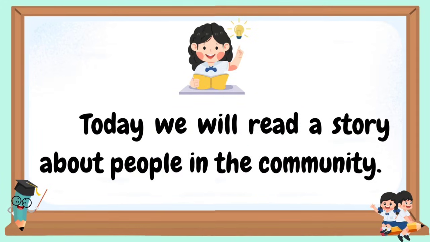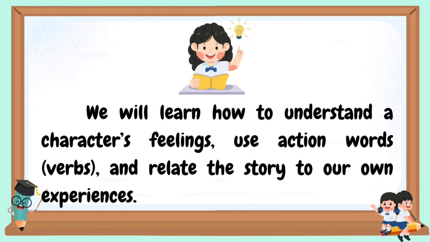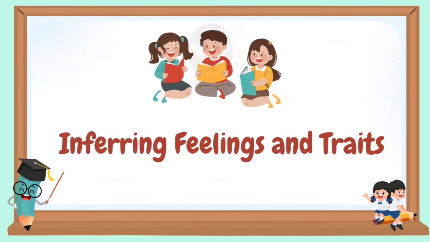Today, we will read a story about people in the community. We will learn how to understand a character's feelings, use action words, and relate the story to our own experiences. Inferring feelings and traits.